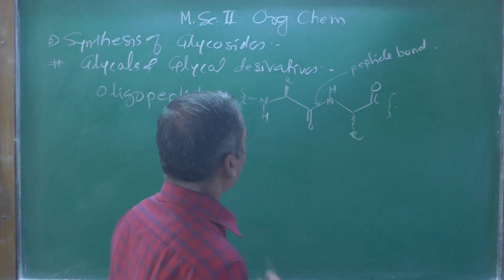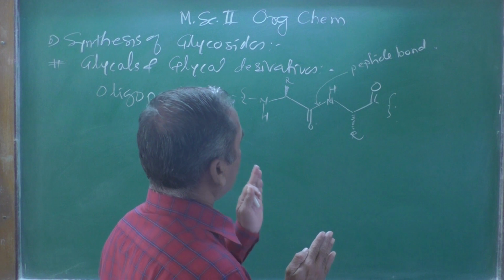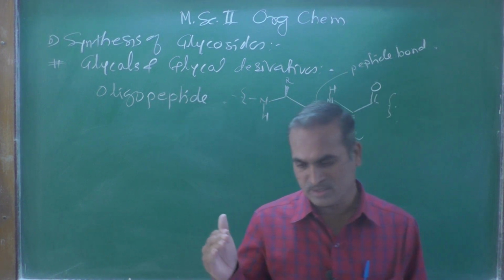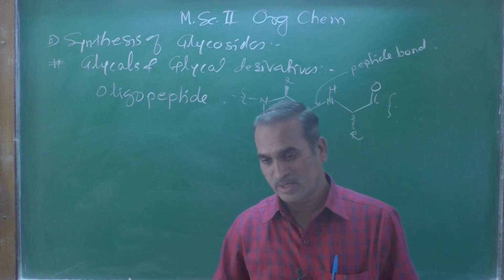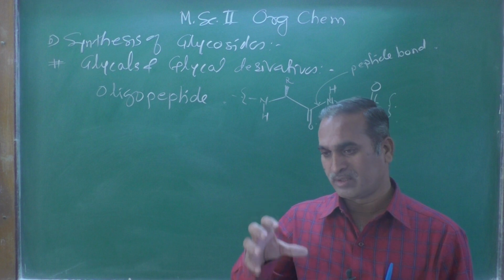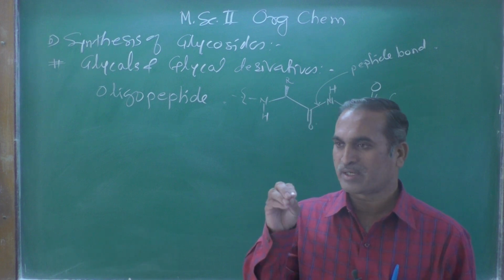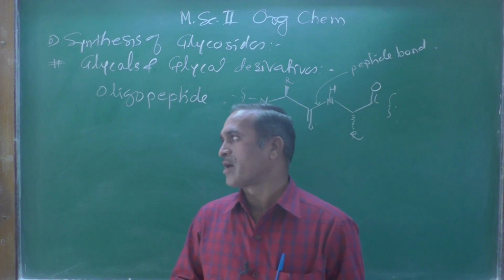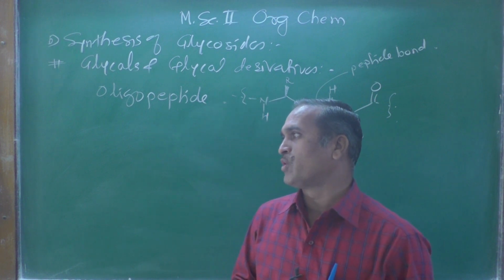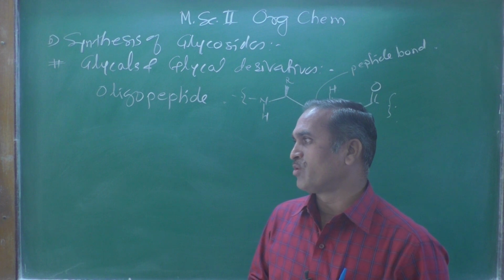And that's why, remember, two groups are present in the amino acid. One is a carboxylic group, another one is an amine group, the NH2 group. Both are attached to the same carbon atom, and therefore it is known as an alpha amino acid.